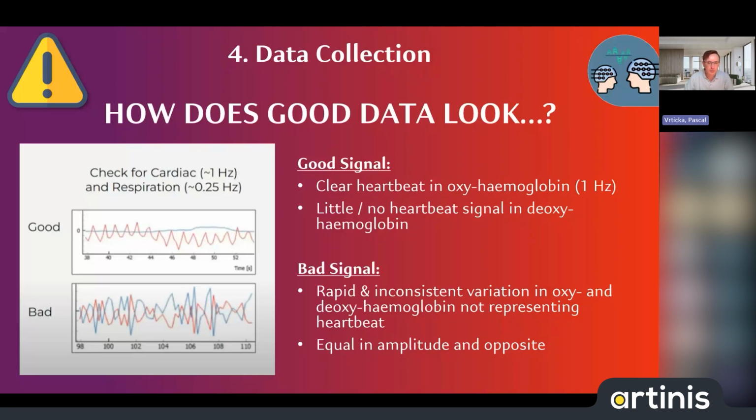What you conversely don't really want to have is a rapid and inconsistent variation in both the oxy and the deoxyhemoglobin signal, not particularly responding to the heartbeat, which you see in the bottom panel. And you also don't really want to have equal amplitude and opposite signals in those two time graphs for the oxy and the deoxyhemoglobin. So this is also quite an easy indication when you look at the raw data while you arrange the caps and the optodes on the caps in your participants before data acquisition.